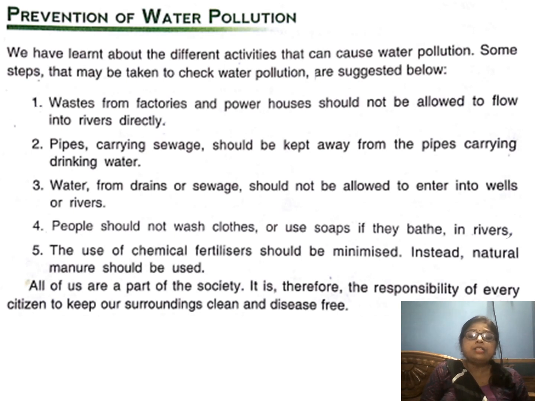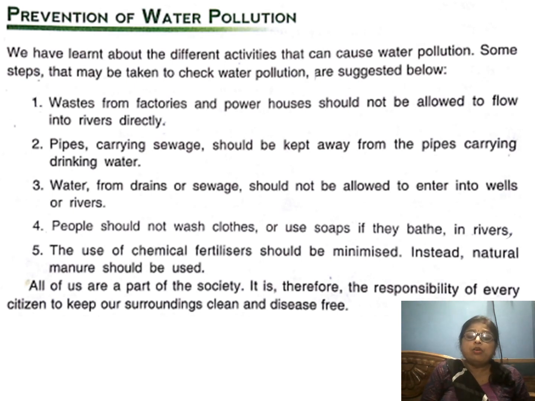Pipes carrying sewage should be kept away from the pipes carrying drinking water. These both pipes should be separated. It can check the pollution of water. Water from drains or sewage should not be allowed to enter into wells or rivers.